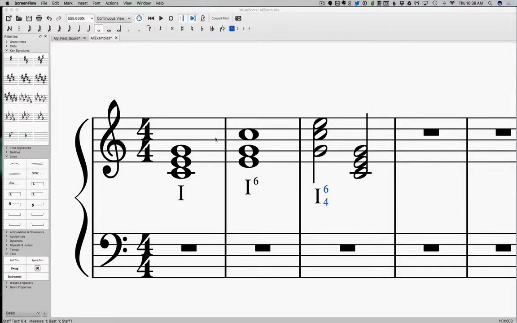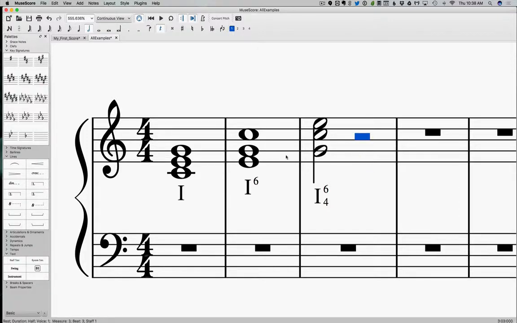Okay, next let's talk about seventh chords. And this is true for all seventh chords regardless of what kind of chord it is. And let me just, before we move off of triads, use that to say one more thing about this, which is these inversion names do not care whether we're major or minor.